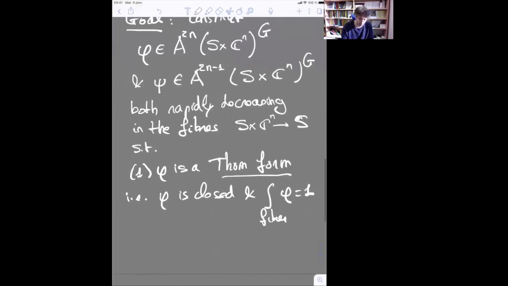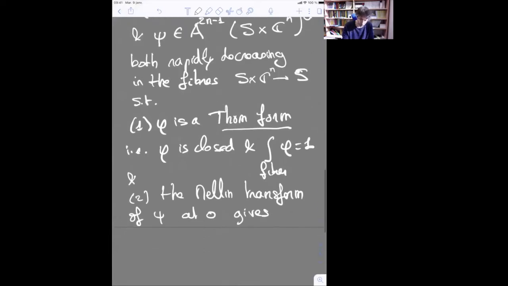And now how we will use psi. In fact, the interesting property of psi is that the Mellin transform of psi at s equals 0 gives a form which I will denote eta, which again is a 2n minus 1 form, but it will descend to a form on X, a symmetric space, and it will be defined everywhere except at 0 on the fibers.